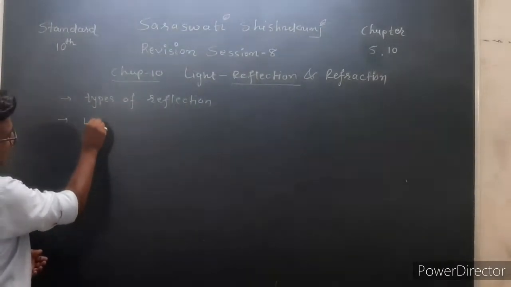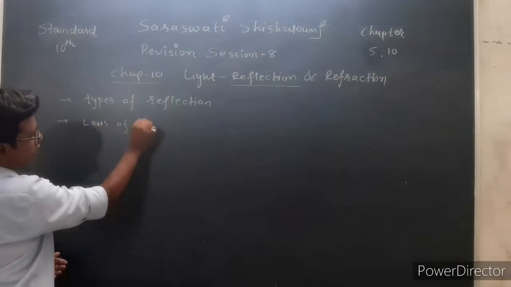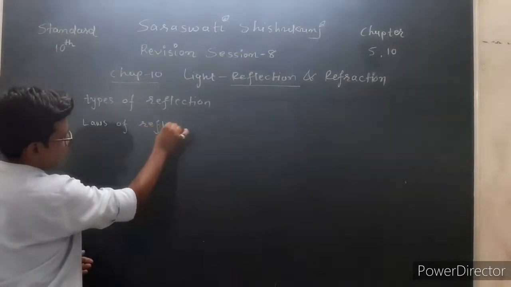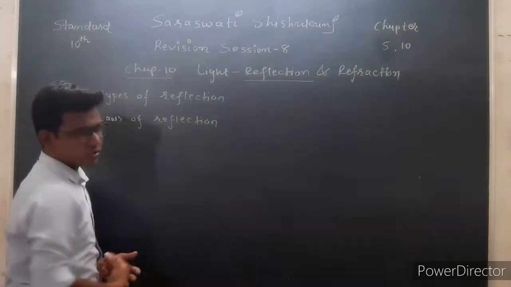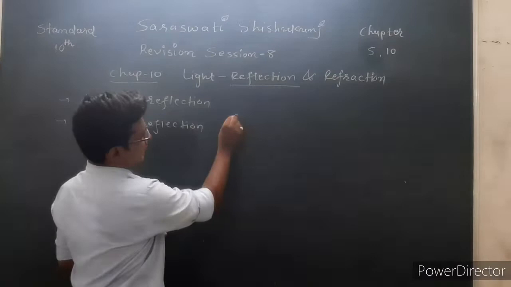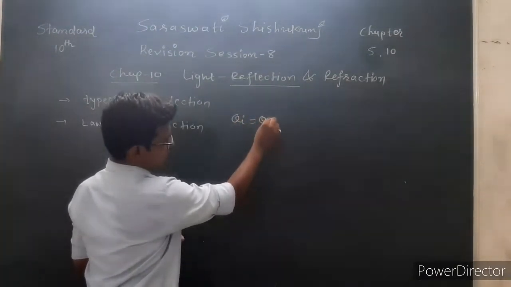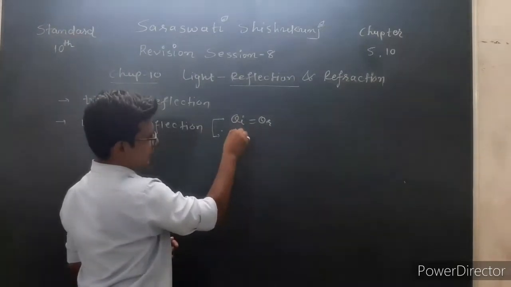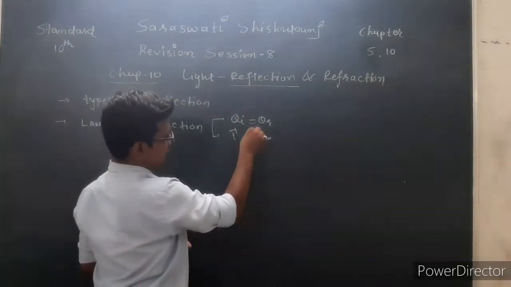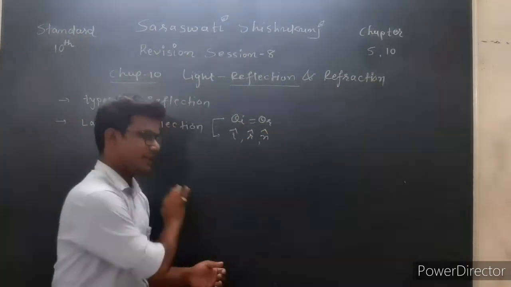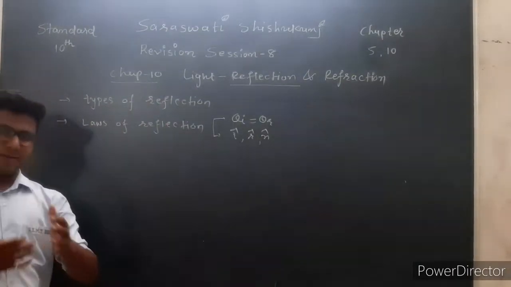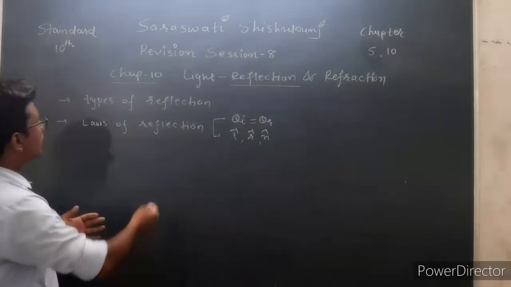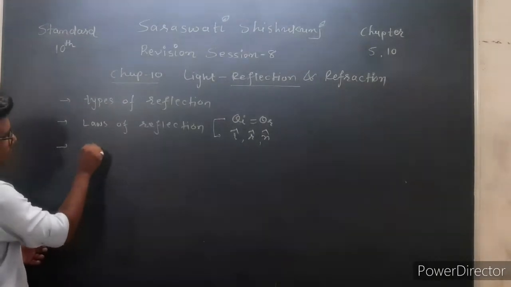Also we have understood the laws of reflection: theta i is equal to theta r in short, and second, the incident ray, reflected ray and normal drawn to the surface, these 3 lie in the same plane, right?